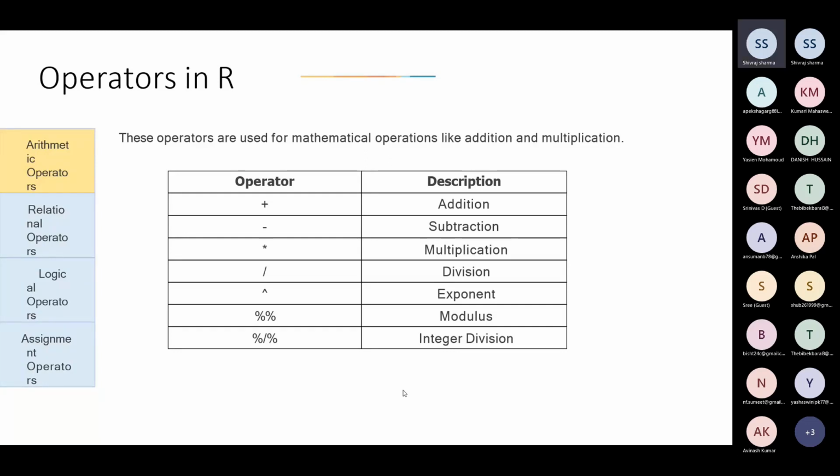You are all aware of these operators, because we have seen them in SQL also, so no need to go into further details. Just see what type of operators these are.